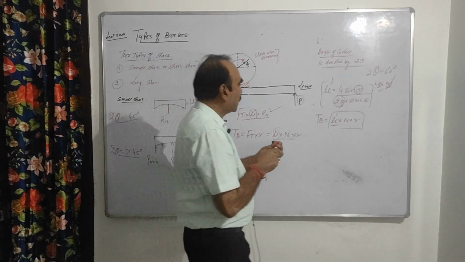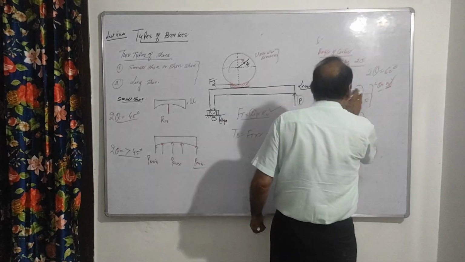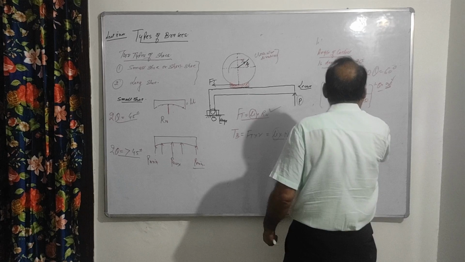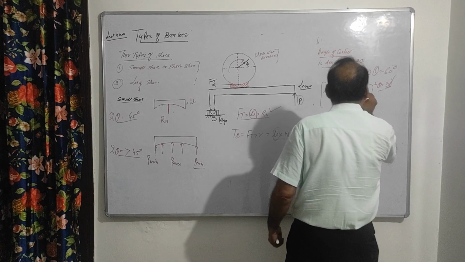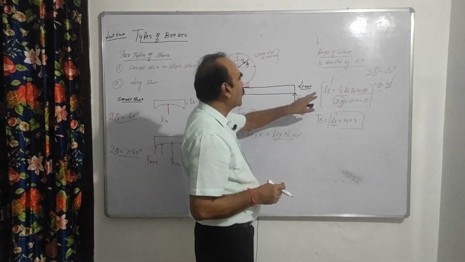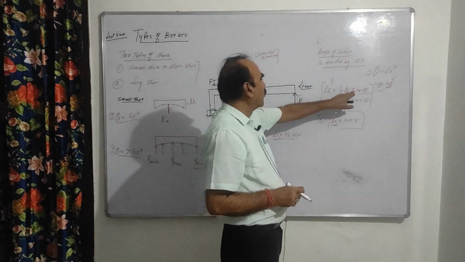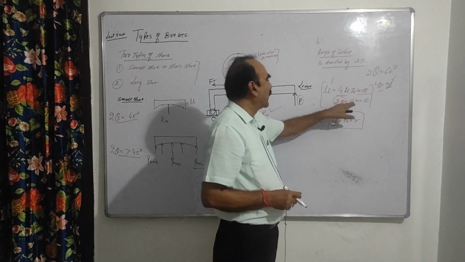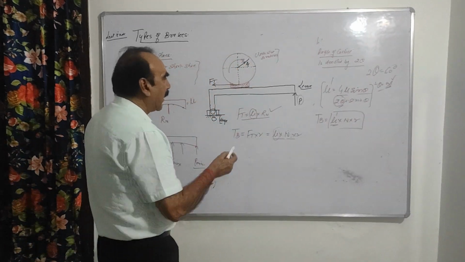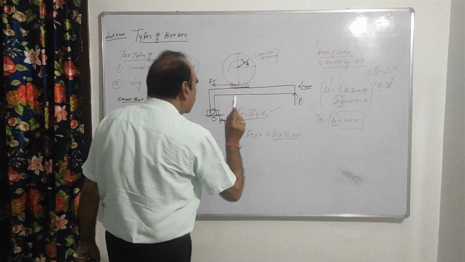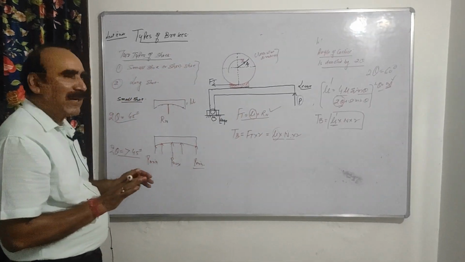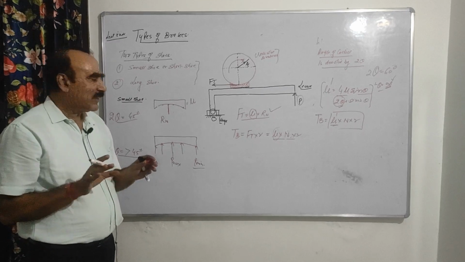Sorry, actually I have made a mistake, I just slipped here. So mu dash is equal to 4 mu sin theta divided by 2 theta plus sin 2 theta. This is the value of mu dash, and by calculating it you will substitute here. So this is the difference between small shoe and long shoe.